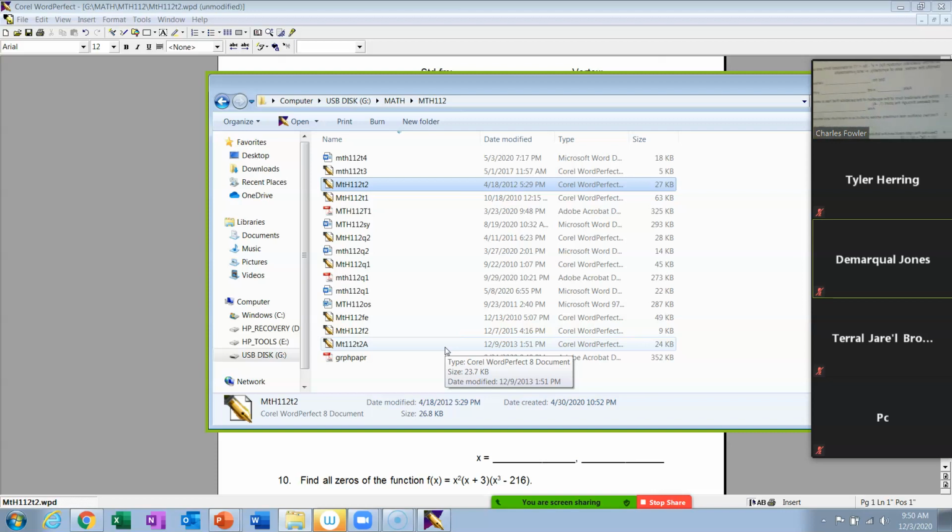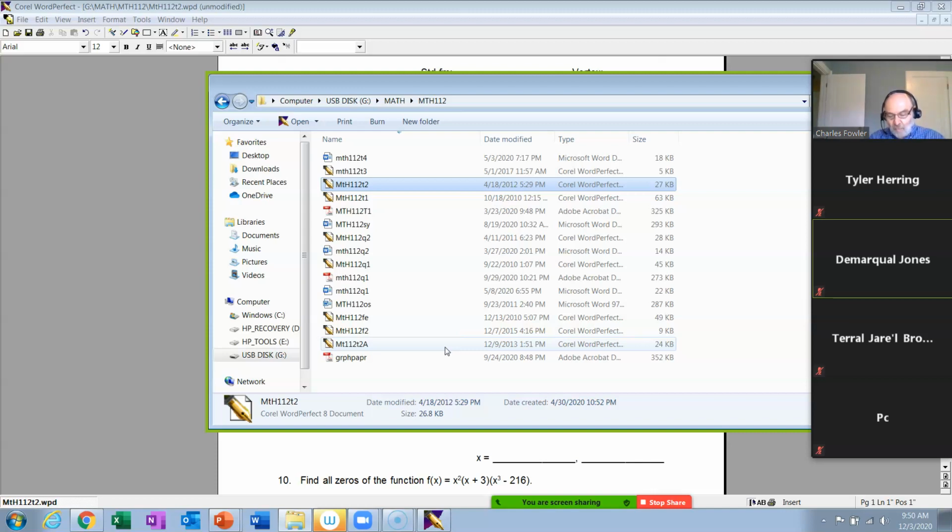Again, that first question you can do. Second, all these down here you can do up to the point where it says Descartes' rule of signs. 9 and 10 you can't do. So when I put this out there, it's going to be a PDF file. All you have to do is 1 through 8.